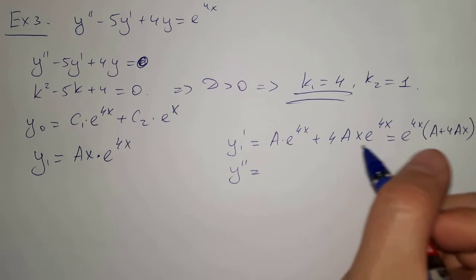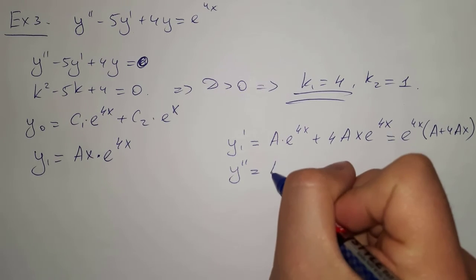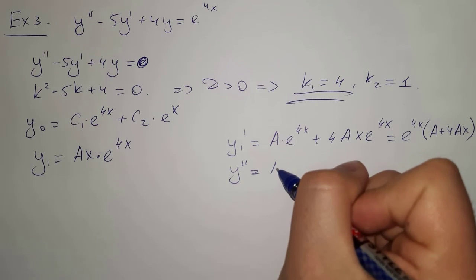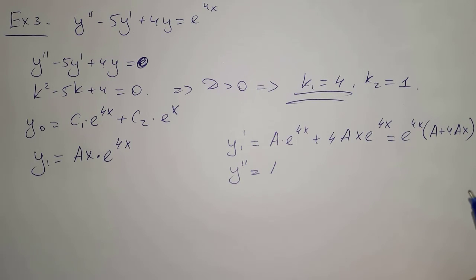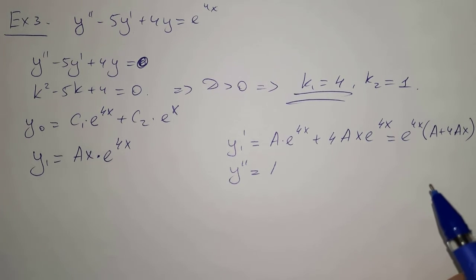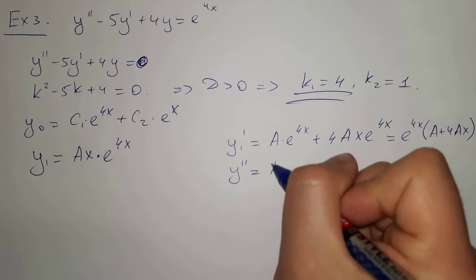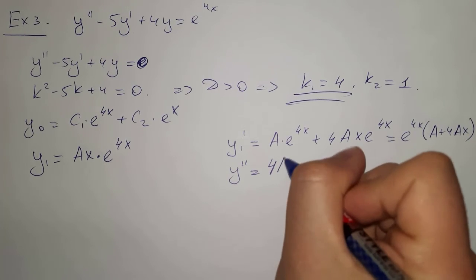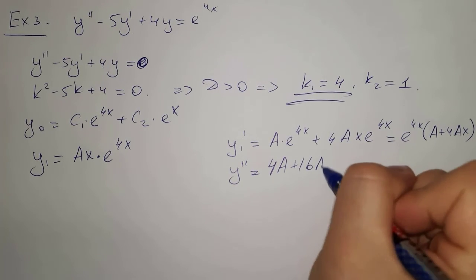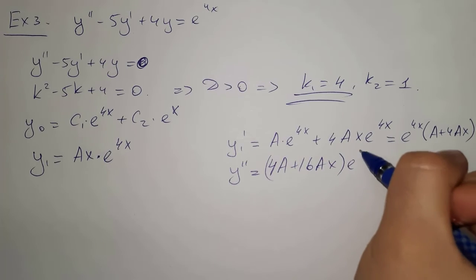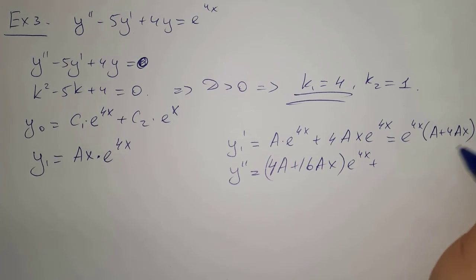And for the second derivative, we need to find it from this one. Taking the derivative of this one, it will be 4a plus 16ax times e to the power of 4x plus 4a e to the power of 4x.